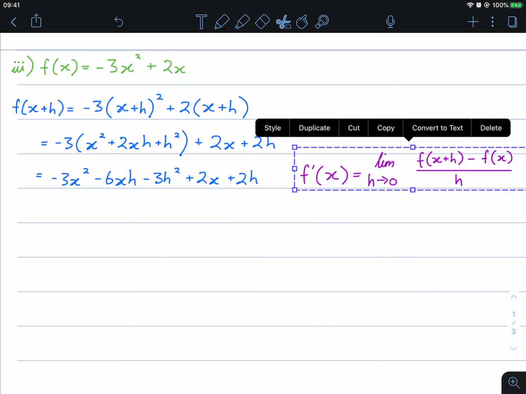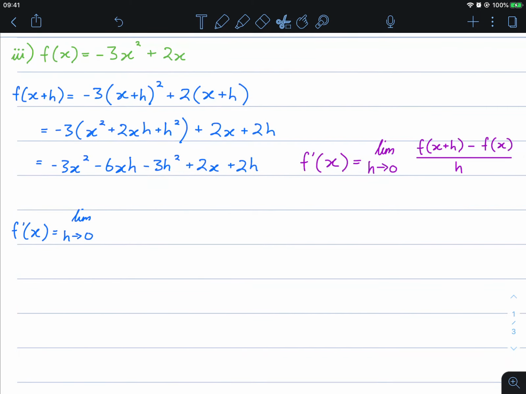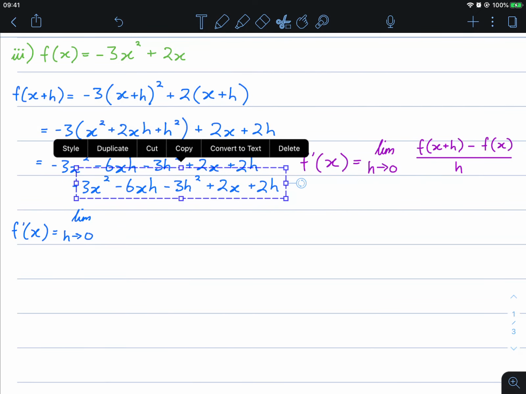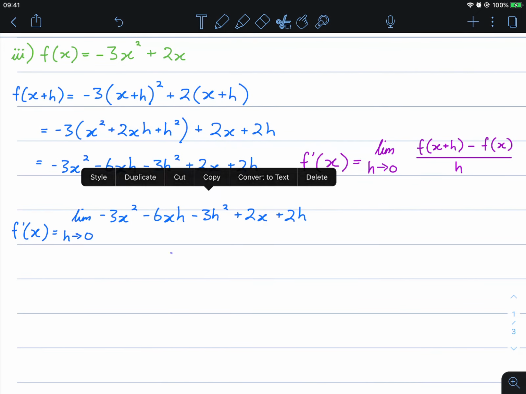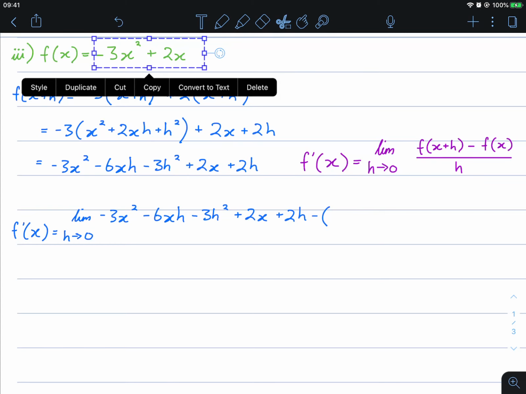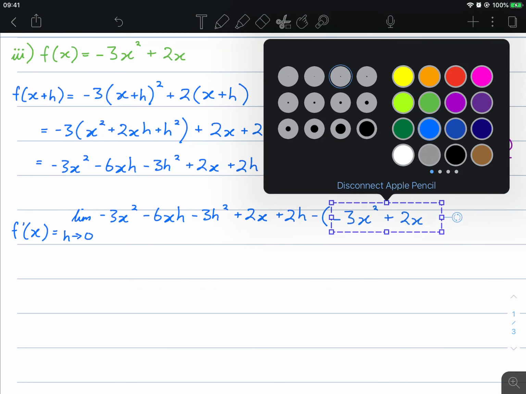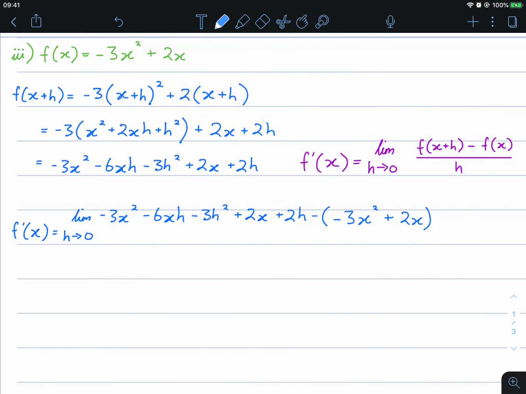Following this formula here, so f prime of x is equal to the limit as h approaches 0 of this entire expression, that's x plus h, minus this expression here. So let's copy that, insert it there, make it blue, and so that's the top.